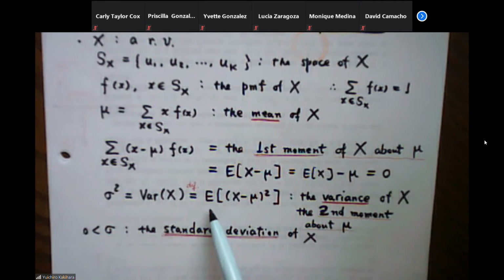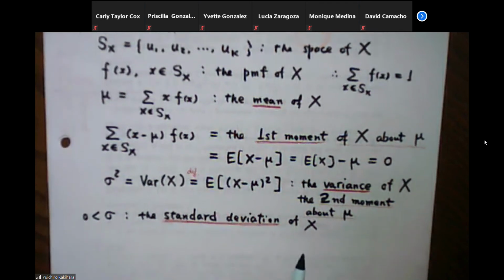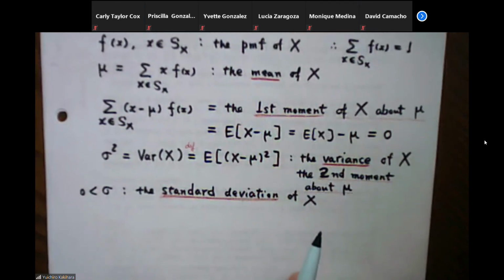We take an expectation, the average of this thing, and that is the variance. It is a square number, so we like to have the original scale, and that is sigma. Sigma indicates how far from the average mu.